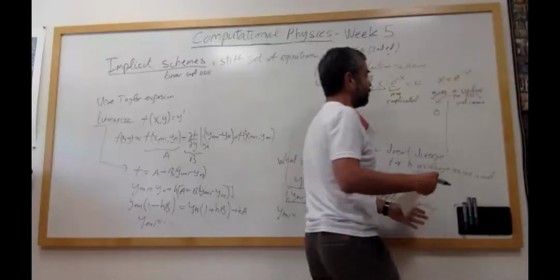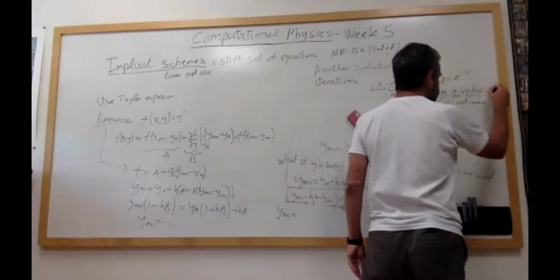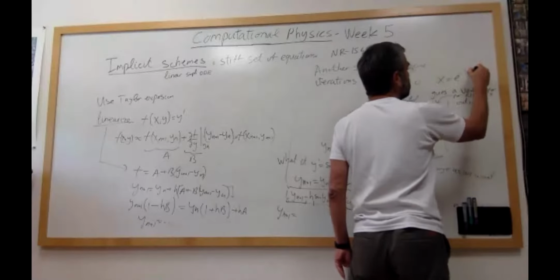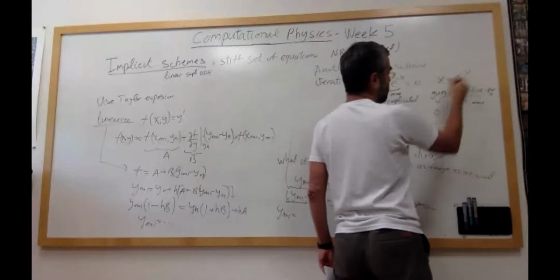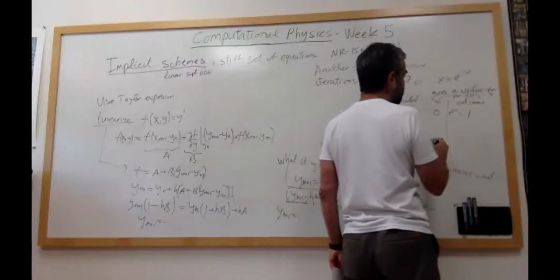It should be 1. Exactly. We guess a value for x and put it here, so it is e to the minus 0. So the outcome is 1.